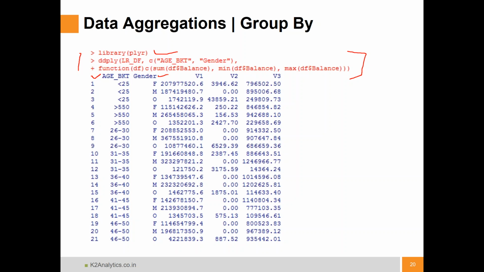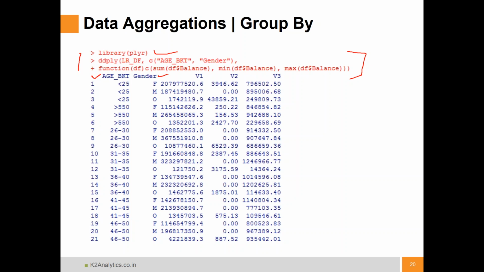Now customer segment can be age, gender can be a segment, marital status can become a segment. So these are certain important dimensions: product, channel, time, geography, customer segment.